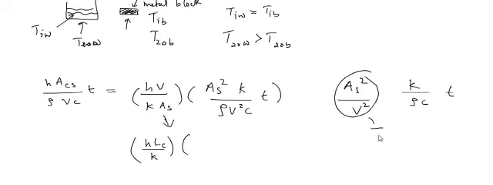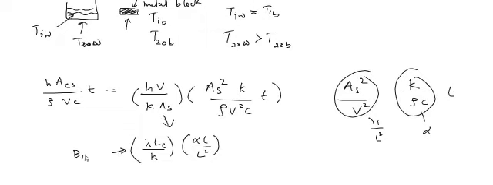This can be written as 1 over L squared, and k by rho c is actually alpha, and t is the time, so we can write this as alpha times t over L squared. Now this is a non-dimensional number, which is called the Biot number, Bi. We will see the physical significance of the Biot number, and this is the Fourier number, Fo. Using these two, we can write theta over theta i is equal to e raised to minus Bi times Fo.